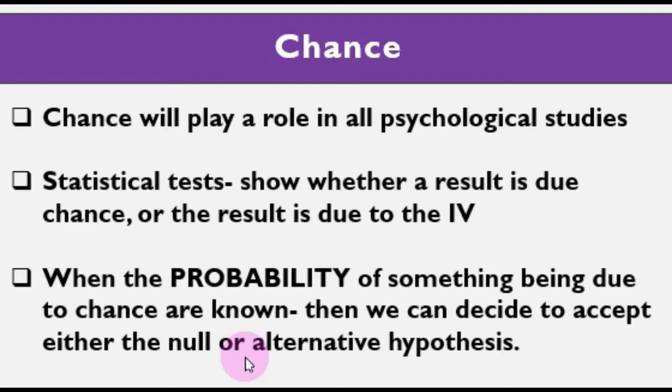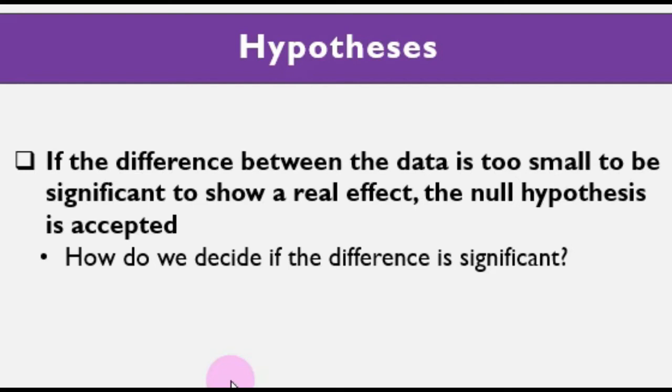When the probability of something being due to chance is known, then we can decide to accept either the null hypothesis or alternative hypothesis. Okay? So, if the difference between the data is too small to be significant to show a real effect, the null hypothesis is accepted.